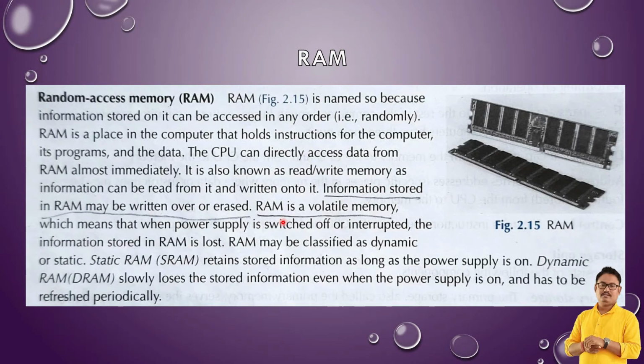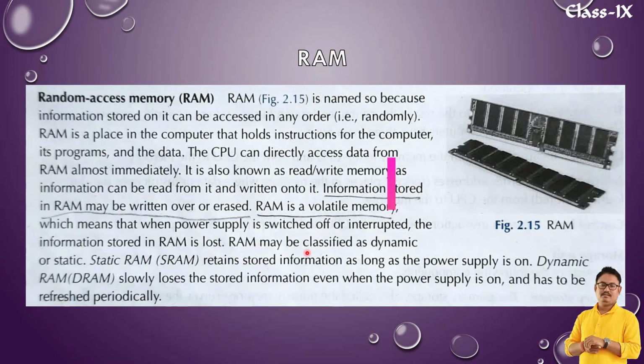RAM is volatile, which means that when the power supply is switched off or interrupted, the information stored in RAM is lost. So it is a volatile memory. Why is it called that? Because when the power supply is switched off or interrupted, the information stored in the RAM will be lost.